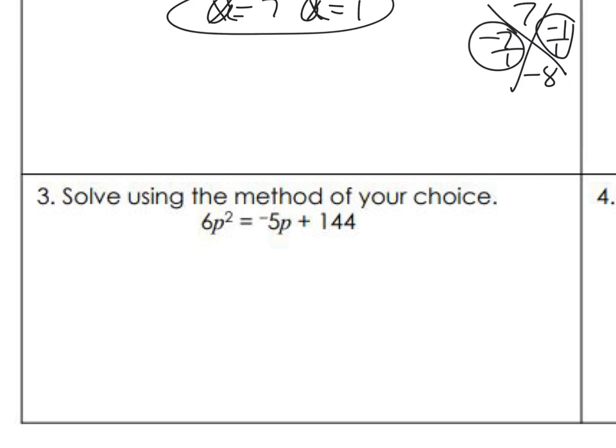So first I'm going to set it up standard form, 6p squared plus 5p minus 144. All I'm doing is getting everything to the right, to the left side. All right. So I'm going to see, I can't factor that one, so again, we're going to use quadratic formula.